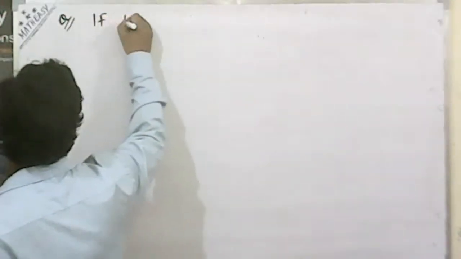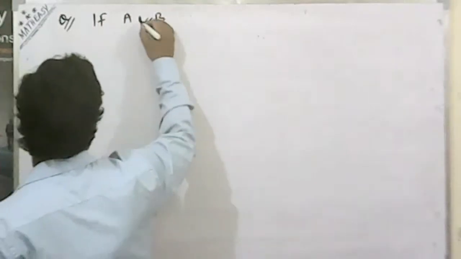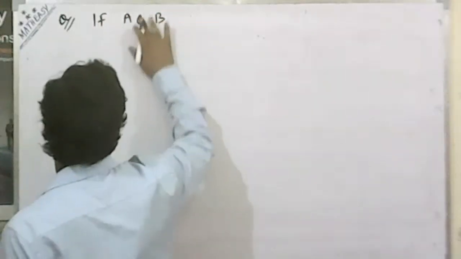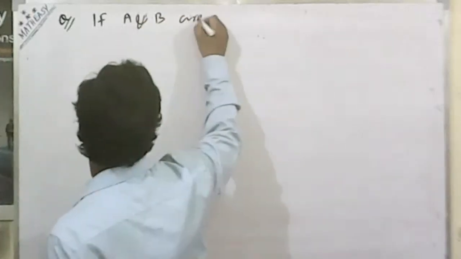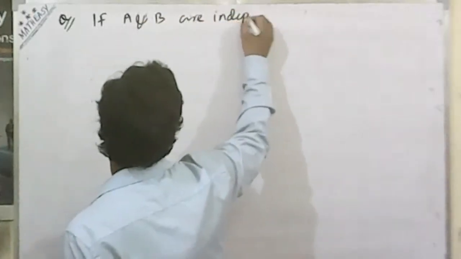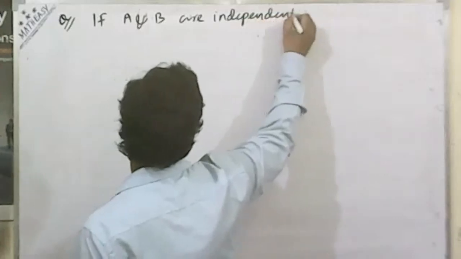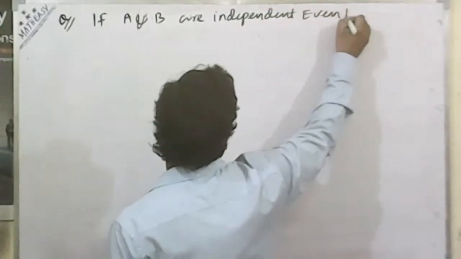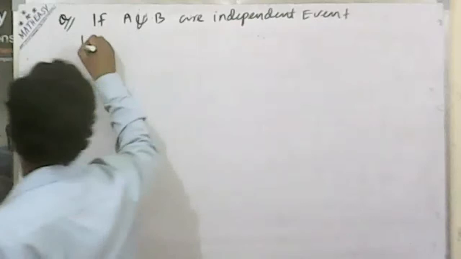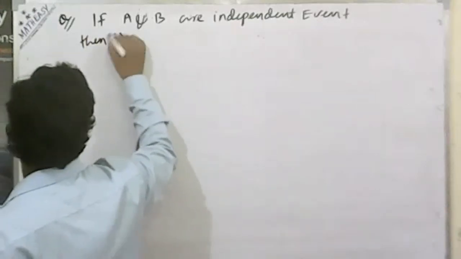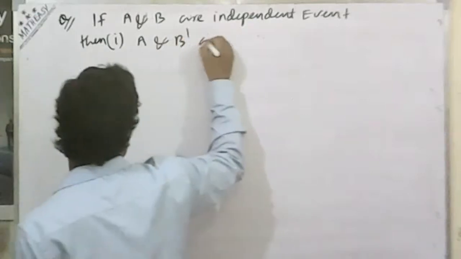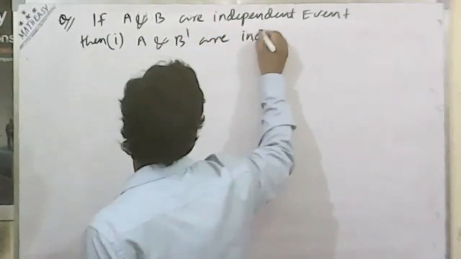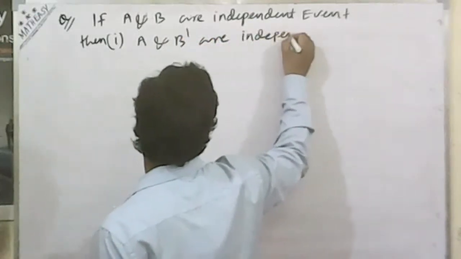If A and B are independent events, then A and B dash are independent.